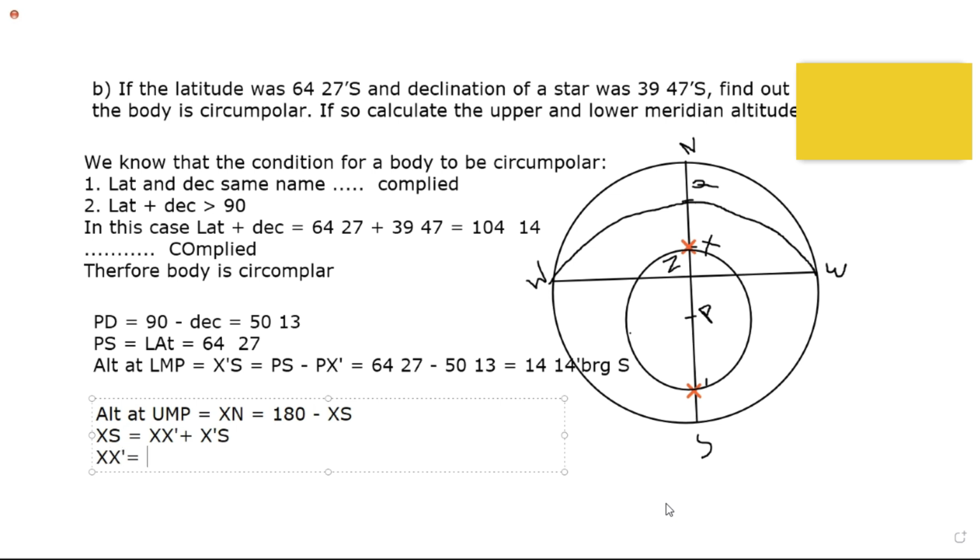X is polar distance into 2. 50 degrees 13 minutes into 2 is equal to 100 degrees 26 minutes.